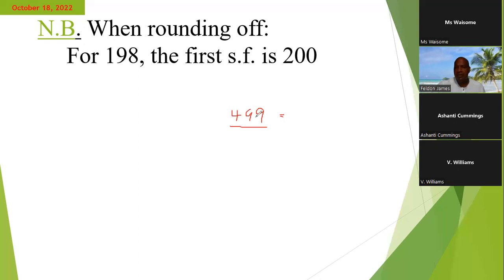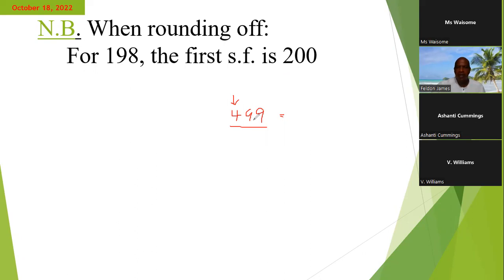So it means then, if you think about this, you are rounding off to the 4 because that is the first significant figure, right? Or if you say the first significant digit, I kind of see where you're trying to single out that digit and kind of ignore the others.